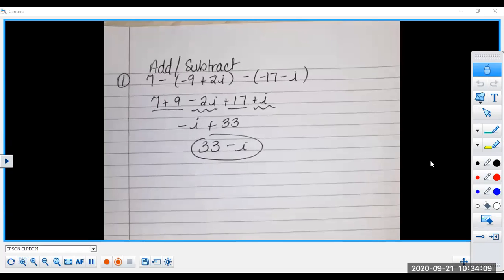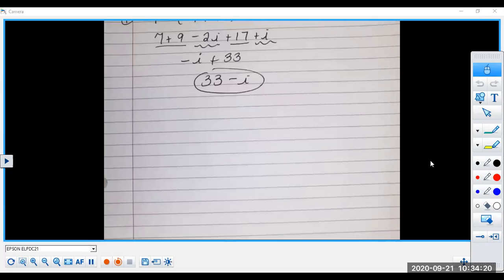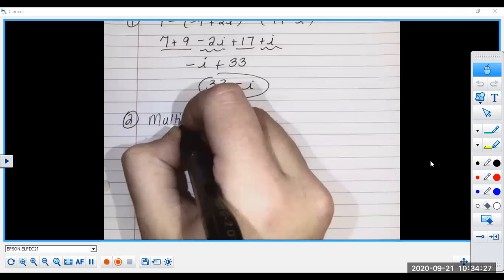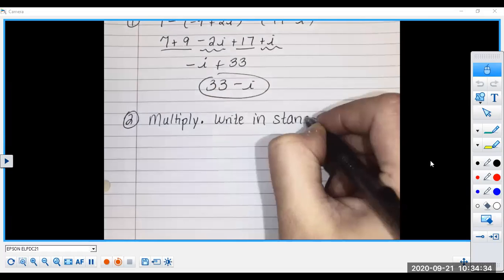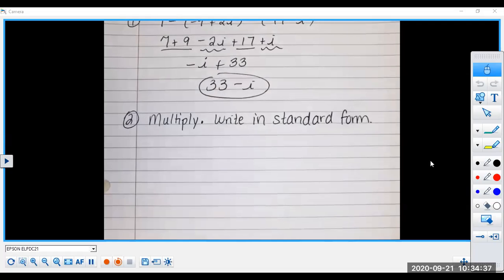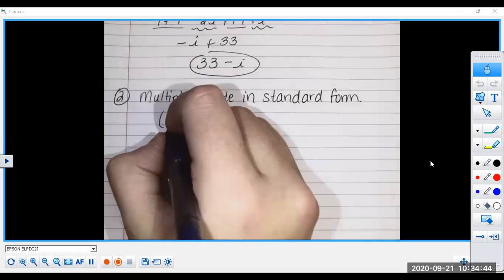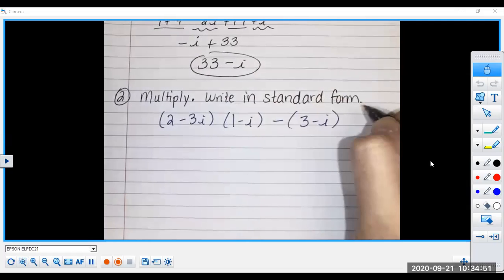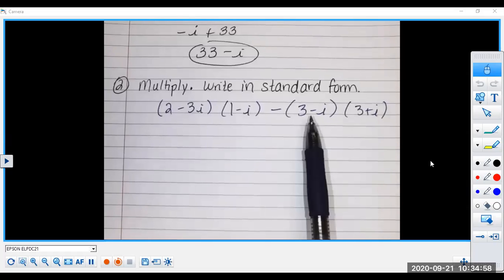Okay, next, let's look at multiplying. Really quick, just to review from last year, can you tell me what these two binomials are called?